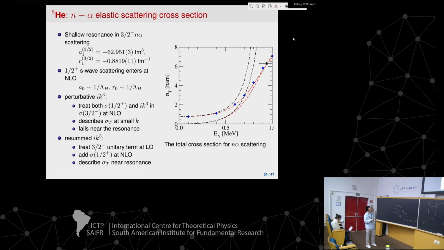But once you move close to the resonance, this power counting doesn't work well. This is shown by the dark dashed line here. But if you use this power counting by Bertulani et al., where this unitary term is always treated in the denominator, then you can describe well these resonance positions, both at leading order and next to leading order.